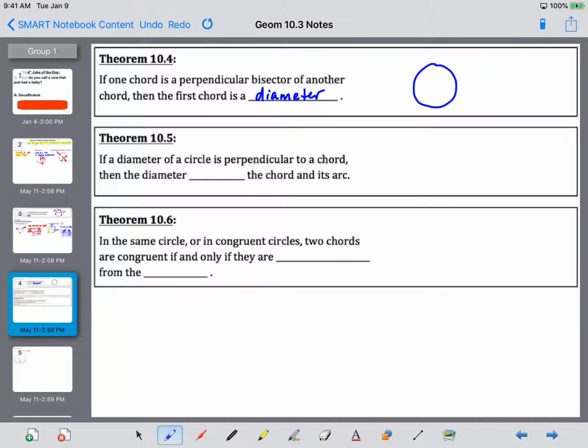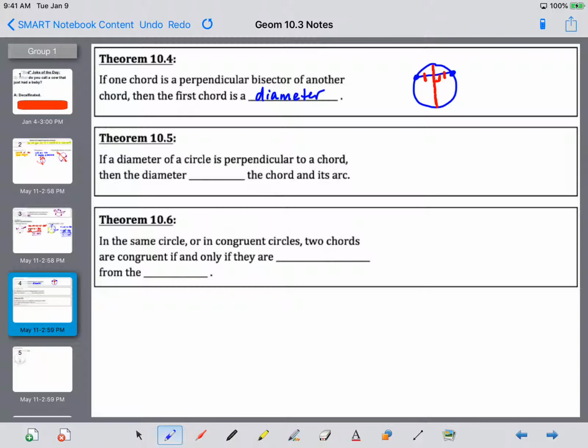So here we have a circle, and then let's draw a chord from that point to that point. And it turns out that if you have that chord and another chord bisect each other, so this chord here, the one in the middle, is a perpendicular bisector of this one.